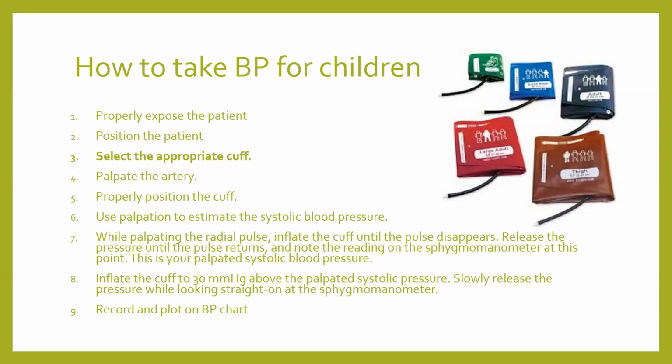Then we inflate above and slowly release the pressure until the pulse is not heard, and that is the diastolic blood pressure. Then we record and plot on the BP chart. For children, we have a specific BP chart. So next slide.